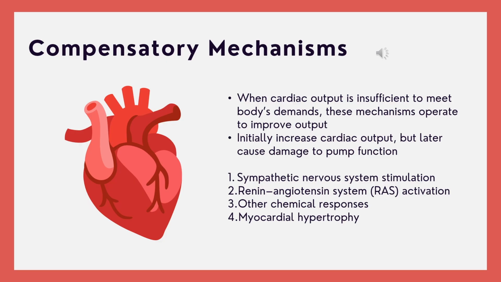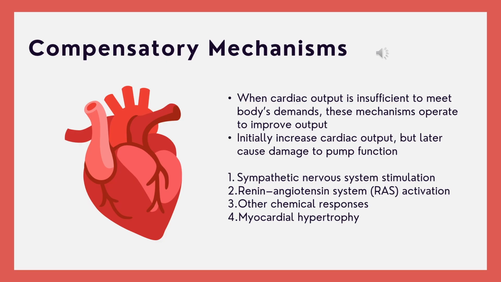Well, and they're really good at first. These mechanisms are initially very helpful, but when we talk about how these different mechanisms work, you'll understand how over time they can actually worsen heart failure and actually contribute to the progression of the disease.